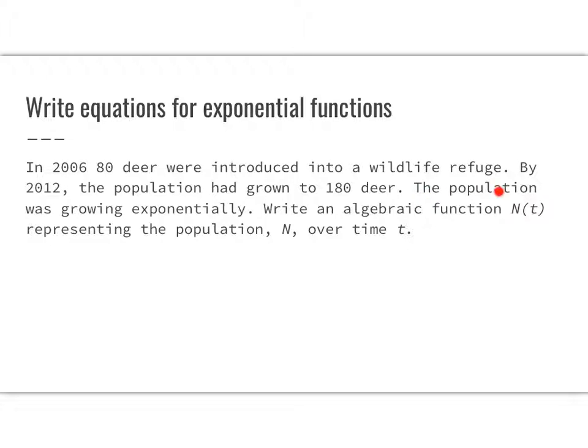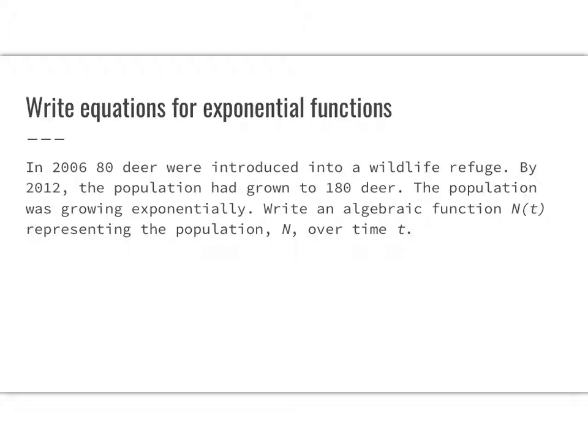So this sentence right here, it was growing exponentially. If you're not told that it's exponential growth, then you'd have to play around with it. You could try, maybe it's a quadratic, maybe it's a cubic, maybe it's a trigonometric function. You could try modeling it a bunch of different ways. We're just told it's exponential, since that's what we're talking about in these notes.